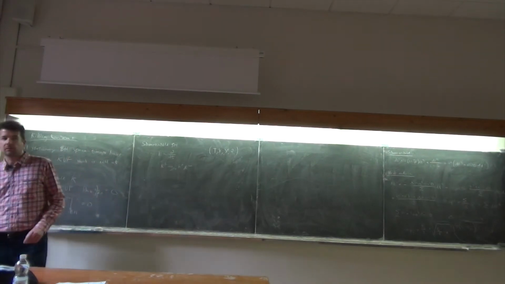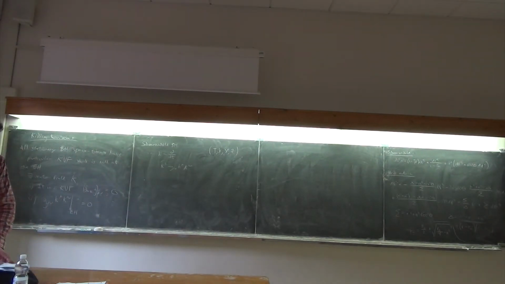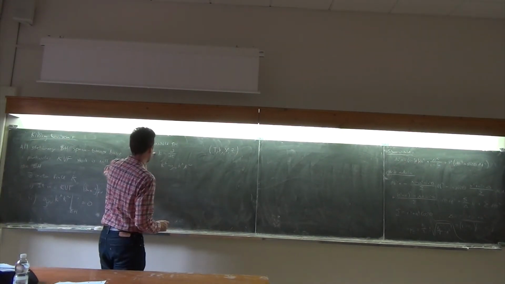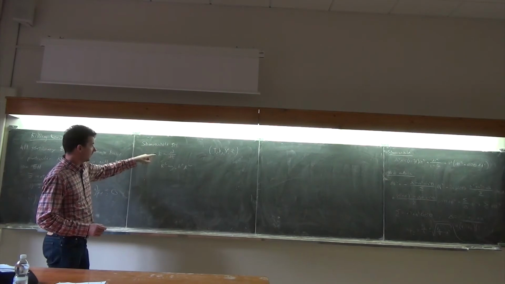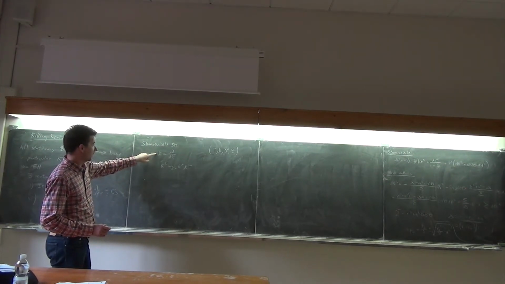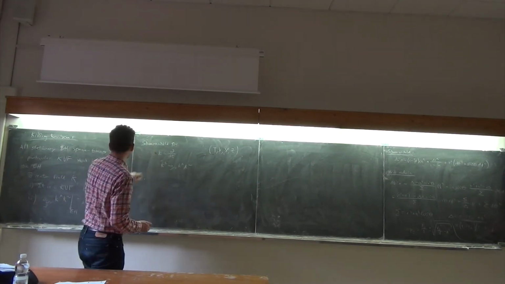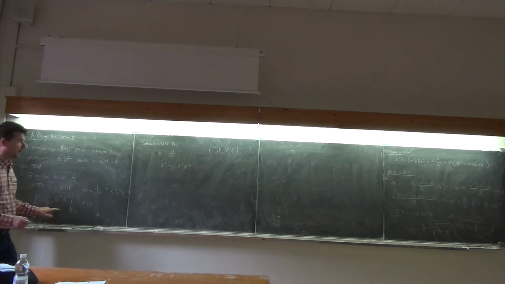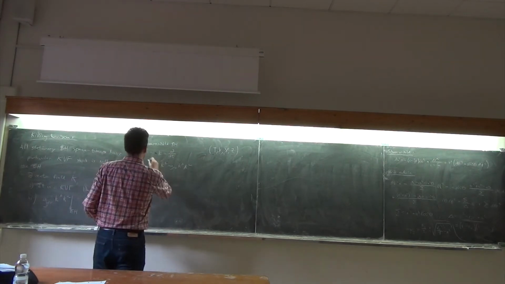Okay, so this, or any constant multiplied by this, is the only one that satisfies this requirement of being null on the horizon.